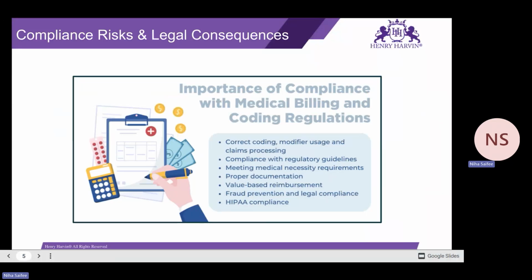In the billing department also, they have to maintain the correct base values for the codes. They cannot give different base values to different codes just to get a higher reimbursement. So every department, whether medical documentation, coding or billing, has to be accurate in its work to be compliant with the rules and regulations.